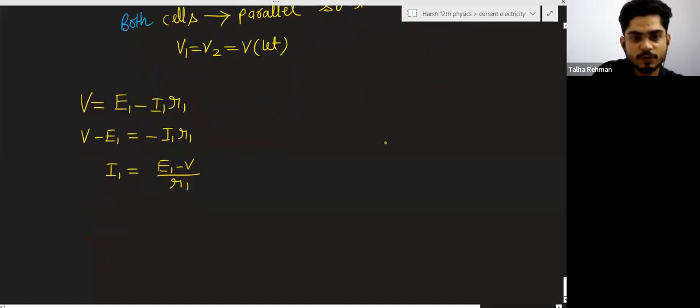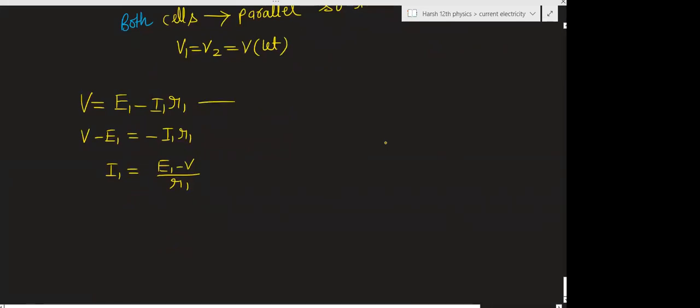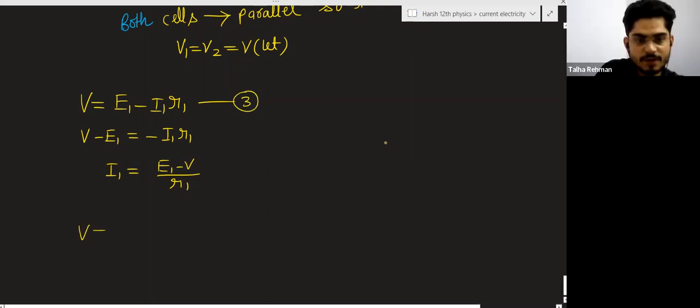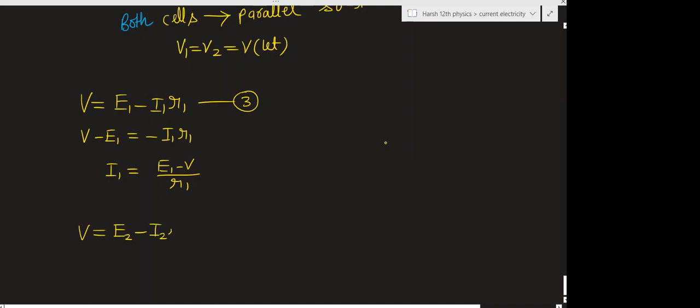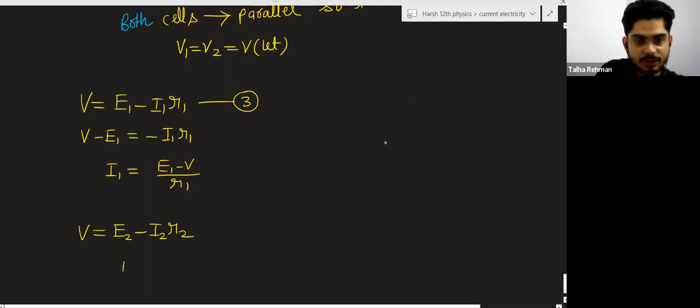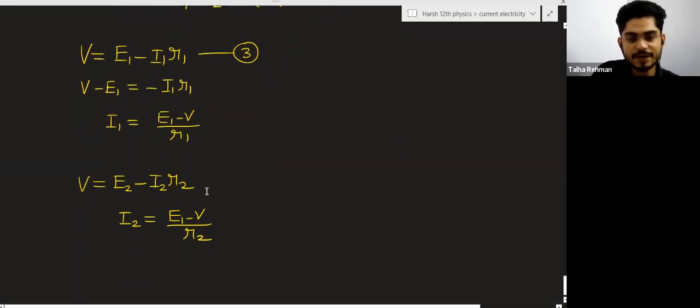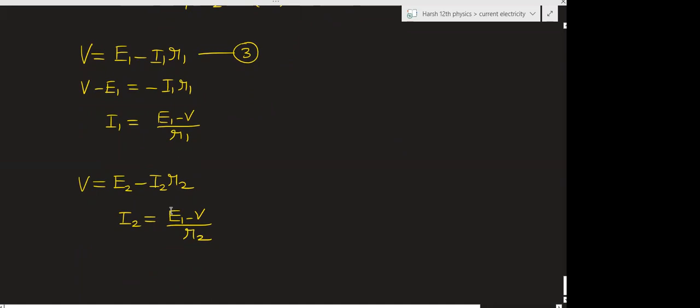Suppose this is equation 3, and you have one more equation, V is equal to E2 minus I2 R2. When you calculate I2 from this equation, you will write E2 minus V divided by R2. You can do this calculation by yourself.